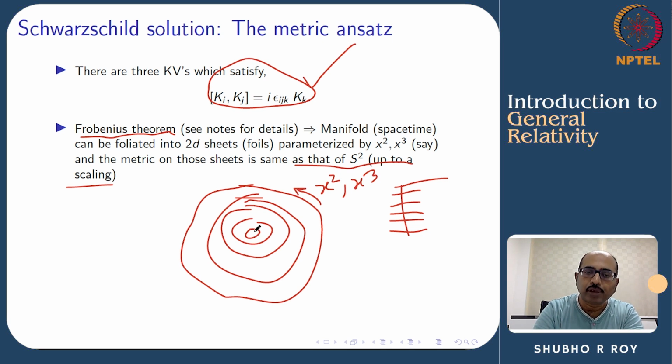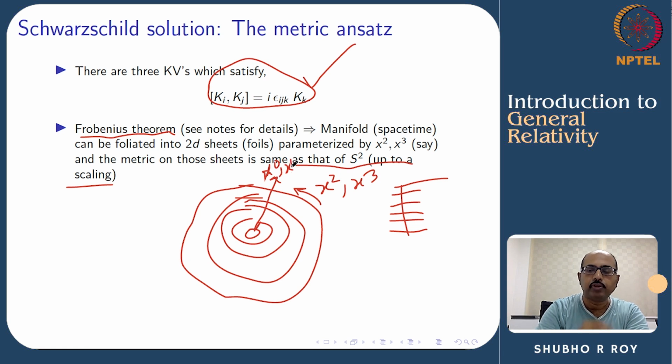And if you go from one foil to the other foil, keeping x2, x3 fixed, then x0 and x1 are changing. So in this direction, let's say I've joined points on different foliations or different foils. I'm joining points which have the same x2 and x3, and I draw some kind of a curve or surface through that. Then x0 and x1 are varying.